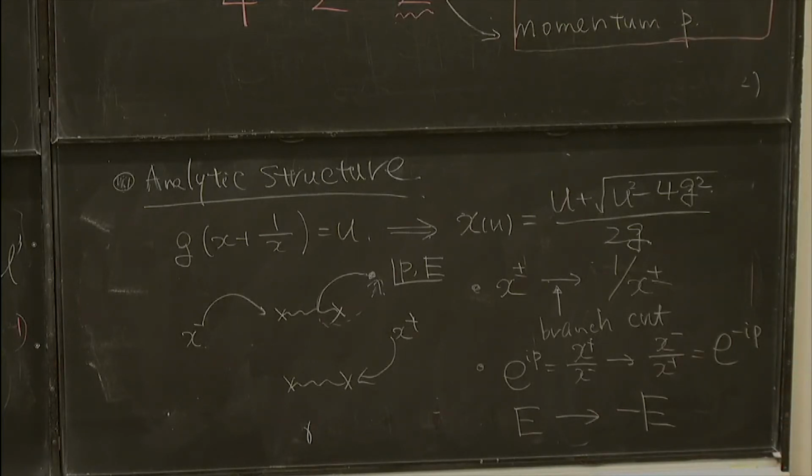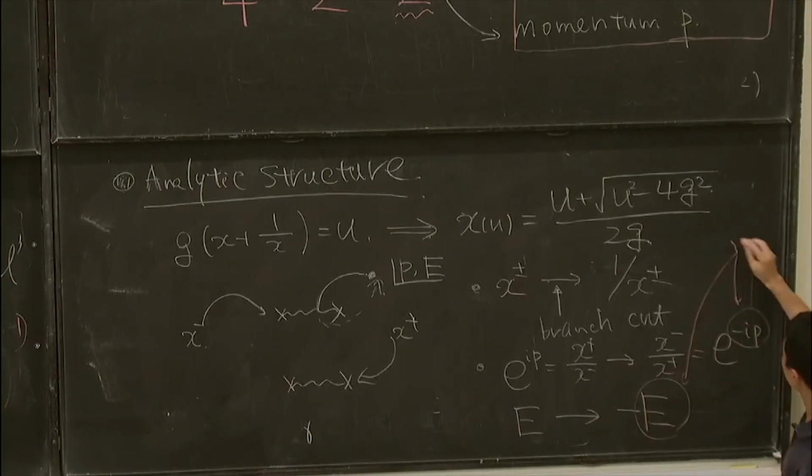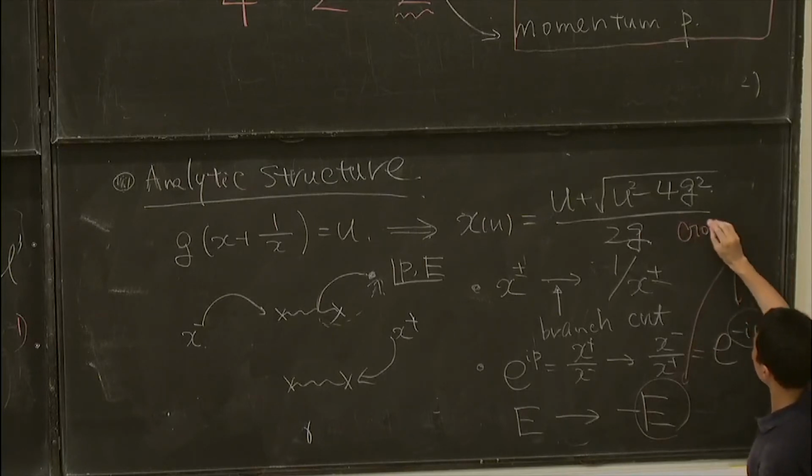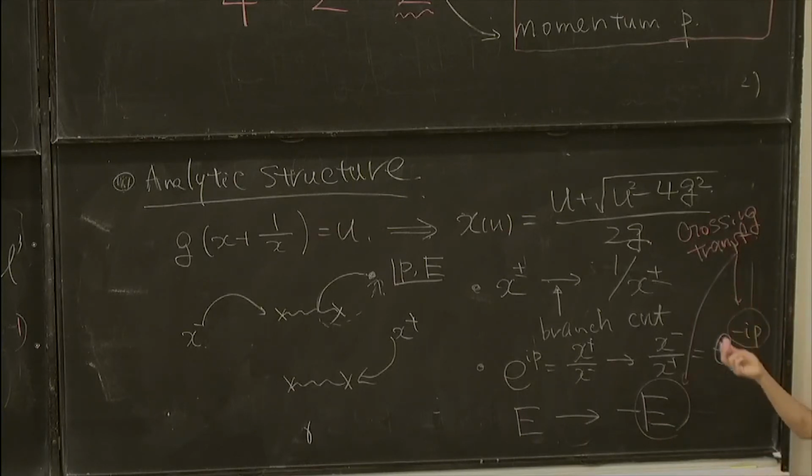And what is the physical interpretation of these two minus signs? It turns out this is essentially the crossing transformation, or particle-antiparticle transformation, which takes a particle in the past and brings it to a particle in the future. Is this point clear?